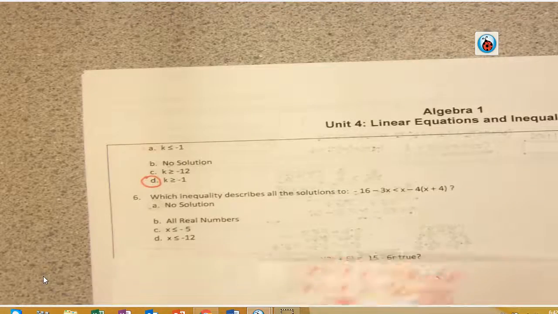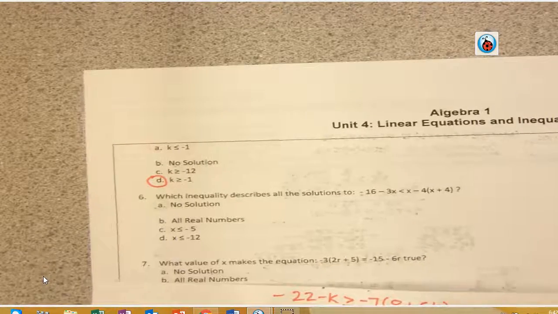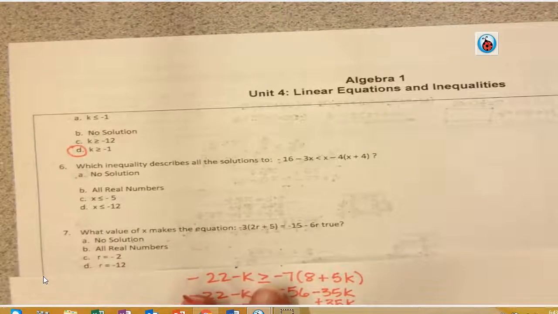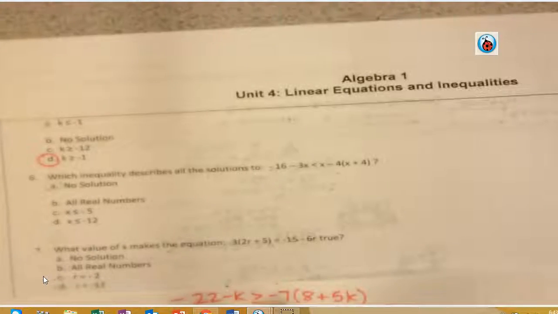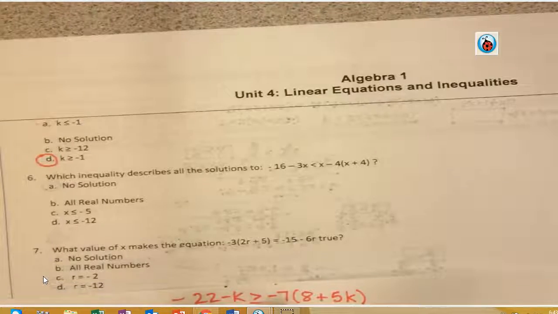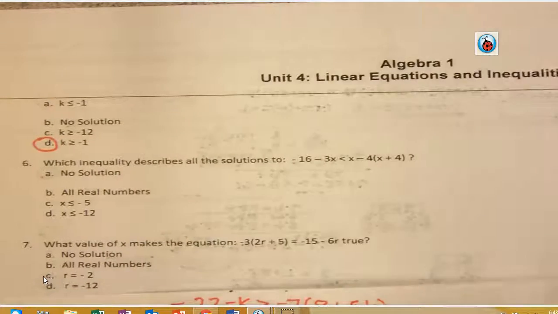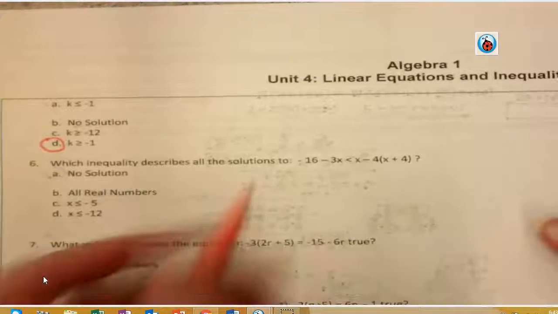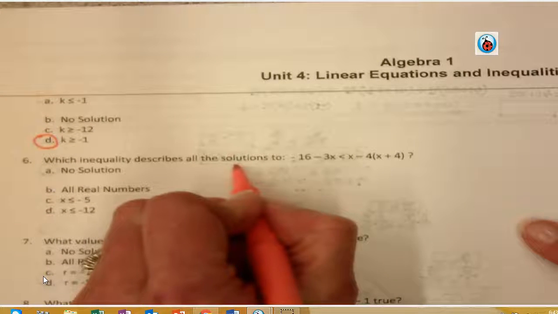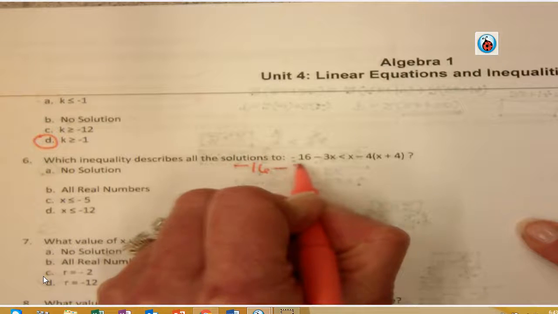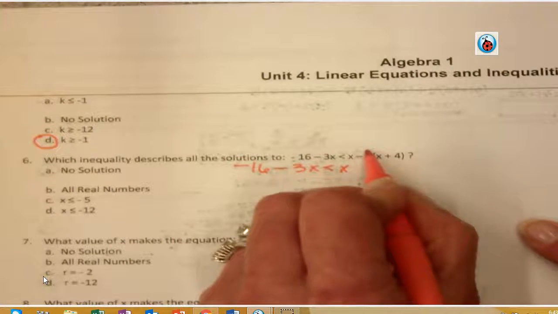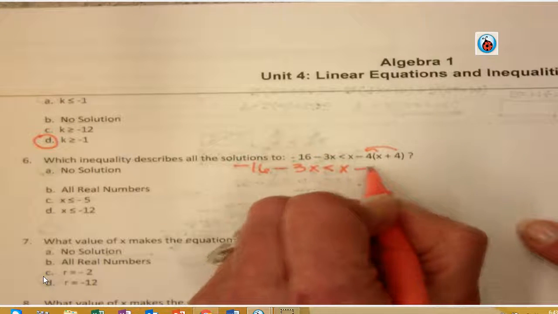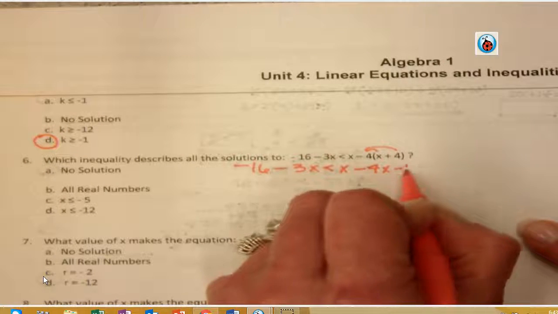Okay. Which inequality describes all the solutions to -16 minus 3x less than x minus 4 times x plus 4? So I've got -16 minus 3x less than x, and I'm going to distribute my -4, minus 4x minus 16.